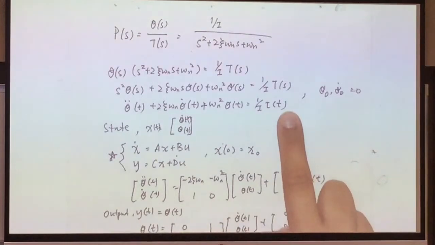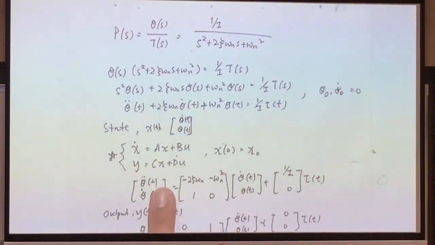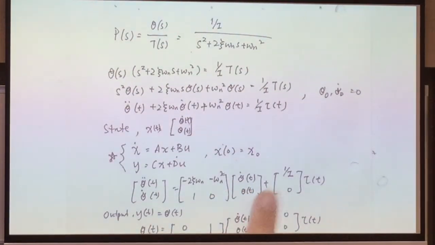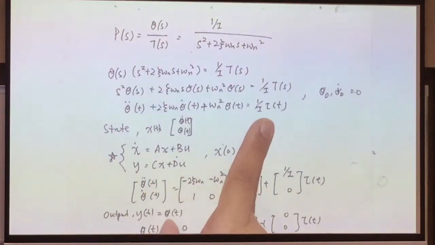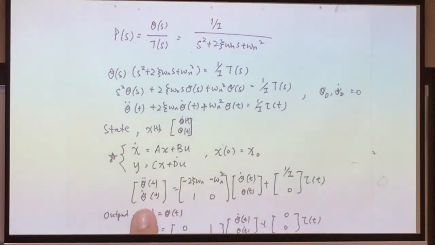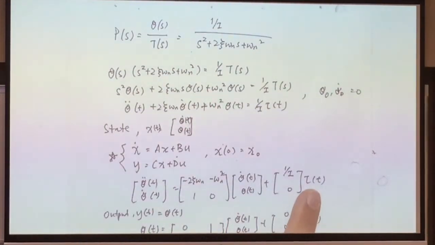You can get it from this equation. So theta double dot is minus 2 zeta omega n theta dot minus omega n squared theta plus 1 over I times tau, from here. Now what is theta dot? Theta dot is just 1 times theta dot plus 0 times theta plus 0 times tau. So this is half the answer.